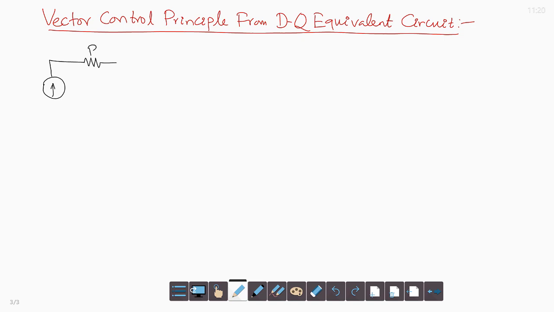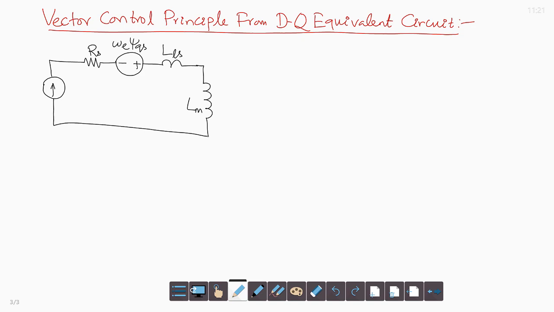Stator resistance Rs, then the rotational EMF which is omega E into psi Qs additive to the voltage Vds, and stator leakage inductance, magnetizing inductance.